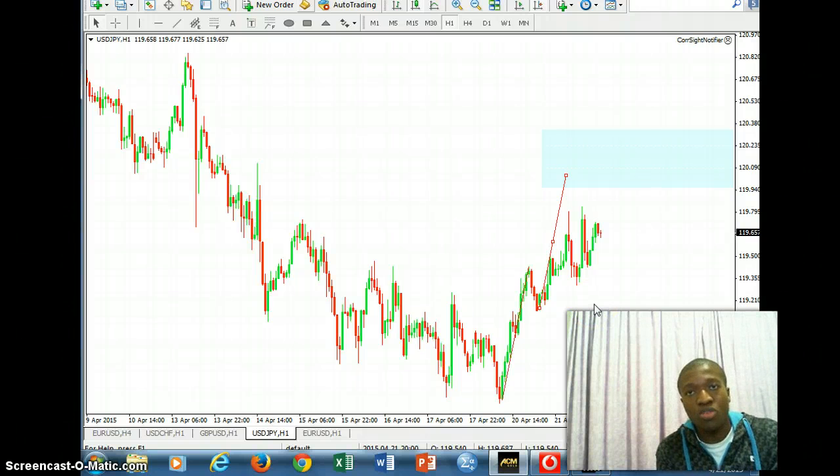Now you can trade ABCD on its own, but personally I don't trade them that way, because you could literally blow your account. So I look for a second element, which is structure. Here you have an ABCD pattern which comes within somewhat of a structure level.